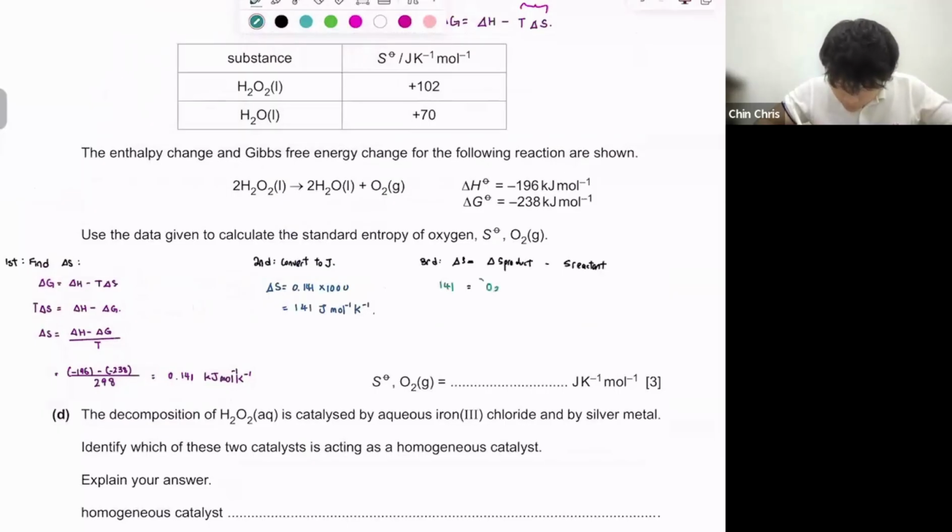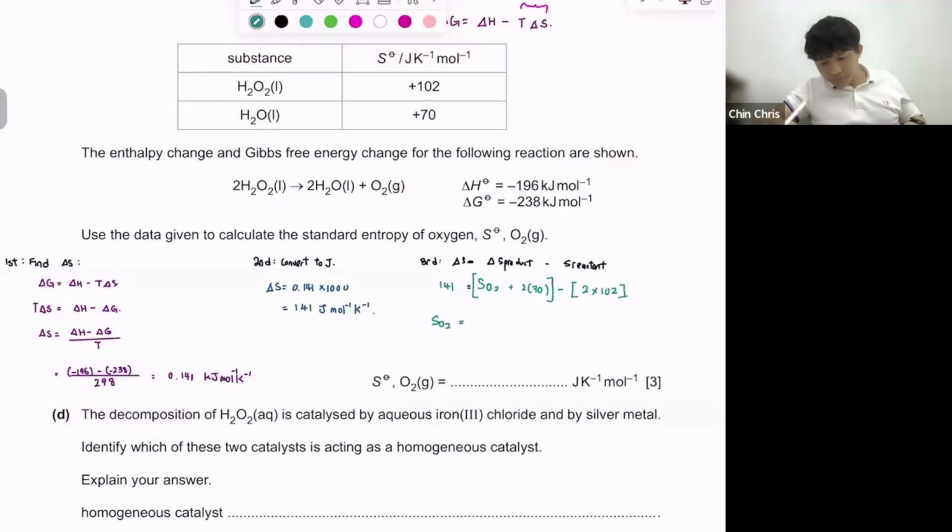O2, 2H2O, 2 times 70, minus S reactant, 2 times 1O2, right? 141 plus 2 times 102 minus 2 times 70. Your answer is 205, is that right?